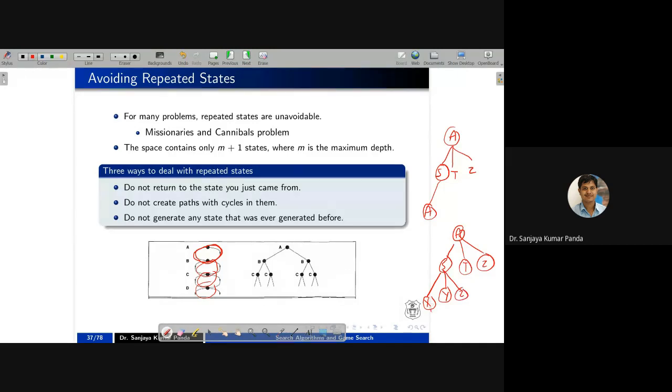When you expand X, again you are going to get A. So in this case, you can say the state A is already generated, so A should not come here. So these are the ways to avoid the repeated states. Right? Is there any question till now?